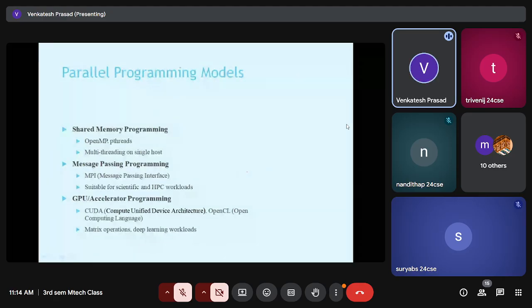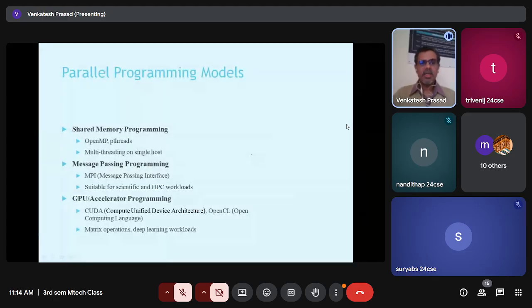Those things are all supported in the hardware. Intel, AMD, they all support. Okay, but in general, this shared programming will not apply for distributed computing, but for parallel programming models, where different programs are running in parallel on the same server, and they have to share the memory and other resources on a single host.